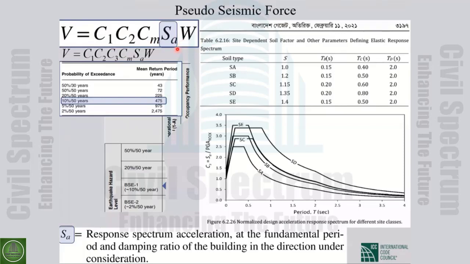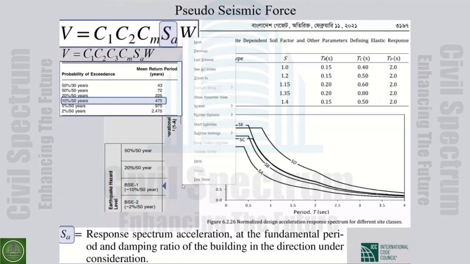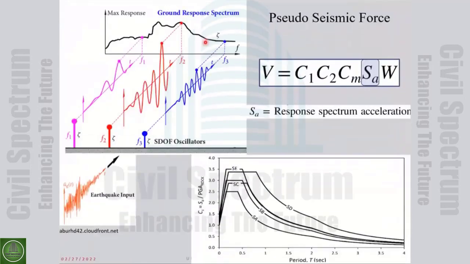What is the response spectrum? What is the response spectrum acceleration? Our dear colleagues, structural engineering experts, know that it is a very nice tool to perform a very difficult dynamic analysis easily. The response spectrum shows us the maximum of a response.